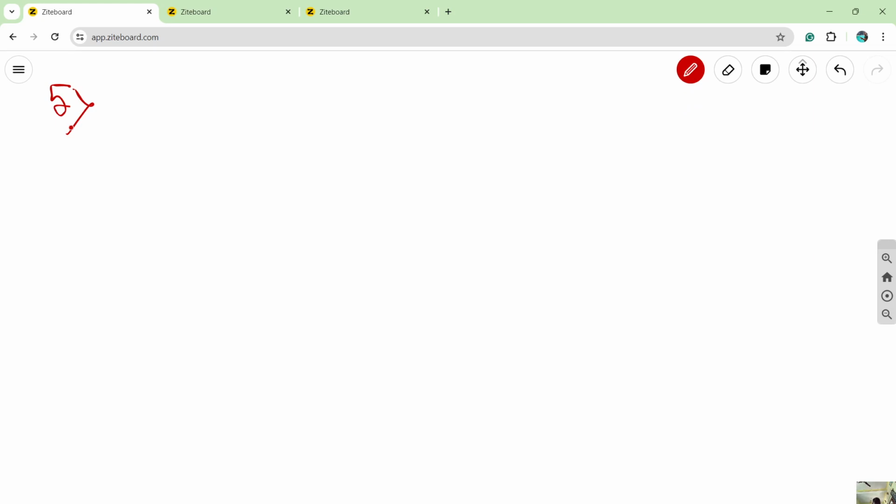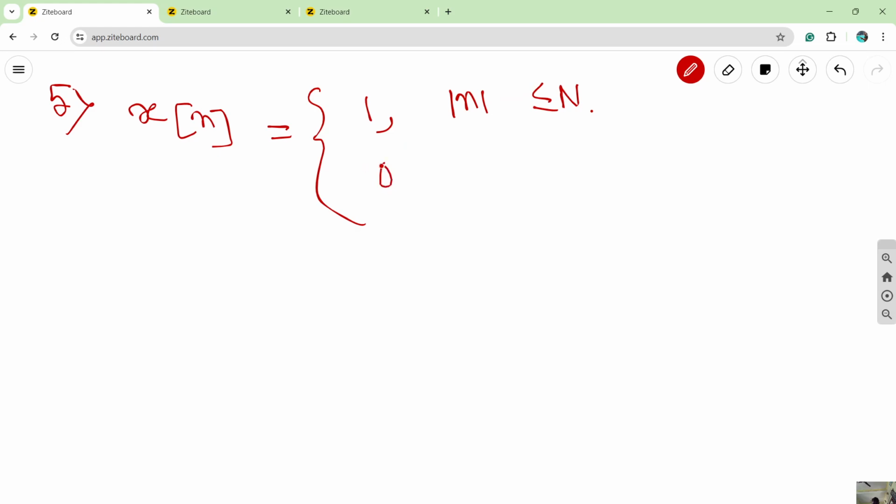We are given x of n, a sequence that is equal to the value 1 for the interval mod of n less than or equal to n1, and 0 otherwise.